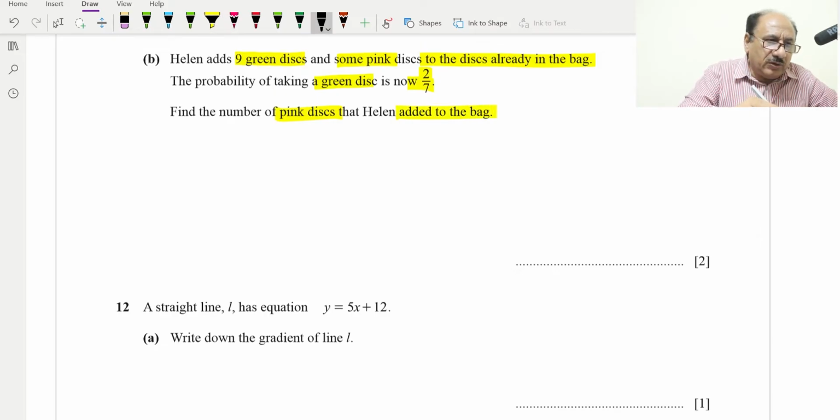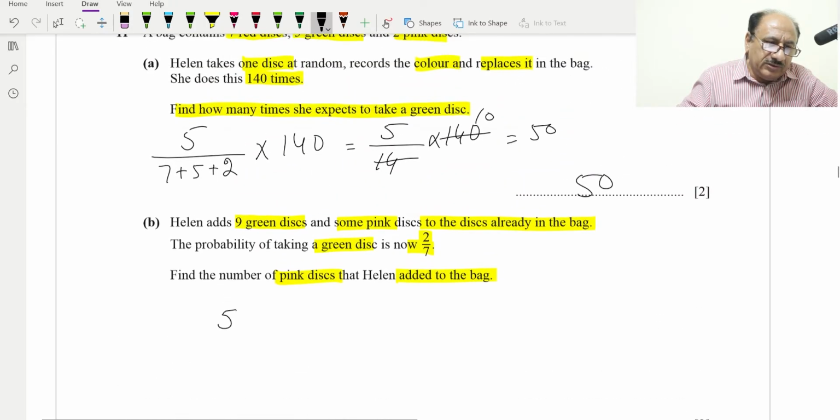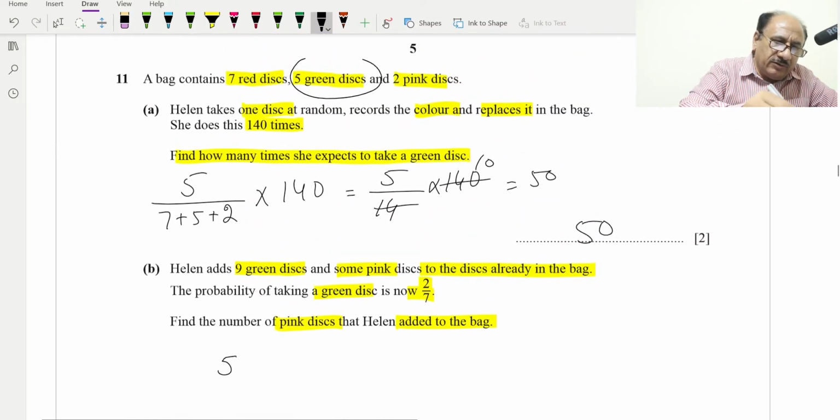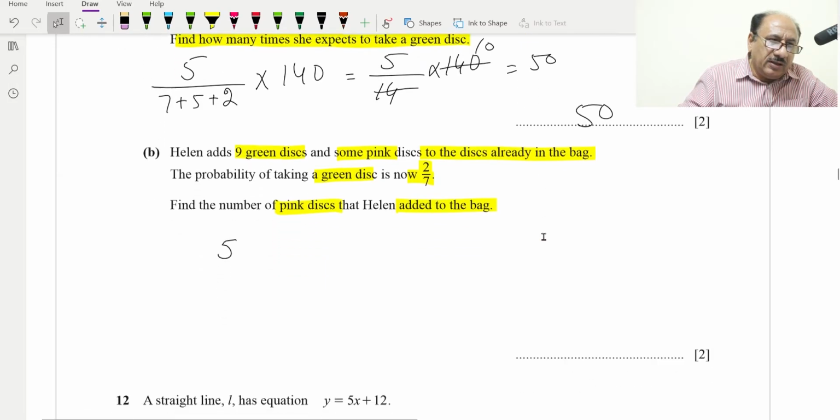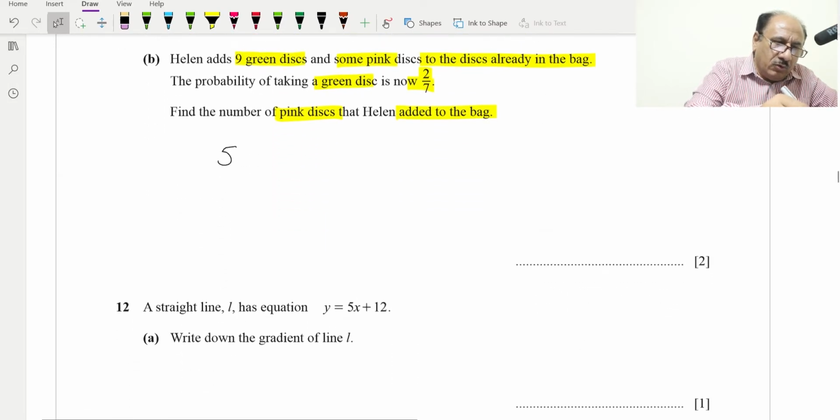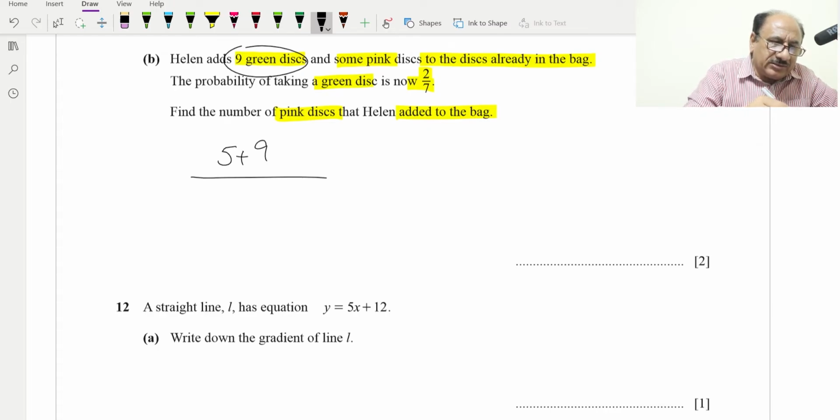For this one, we know that 5 green discs were already there, which is in the main question, and 9 more are added. So 5 plus 9, and how many discs are there in total now? We don't know the pink discs.